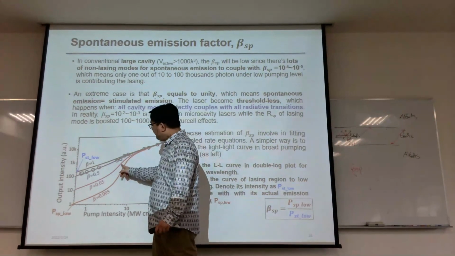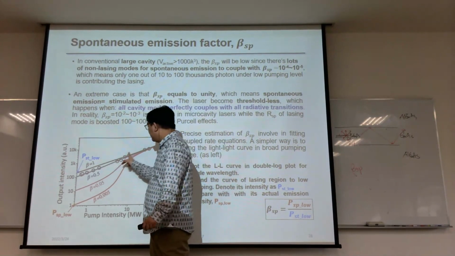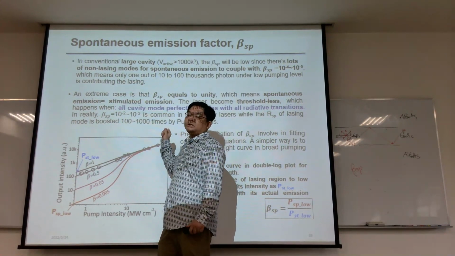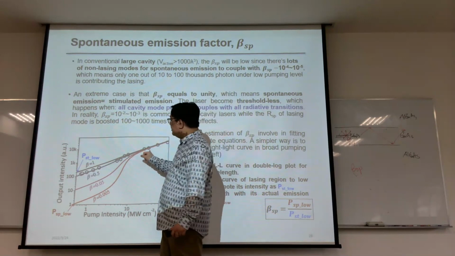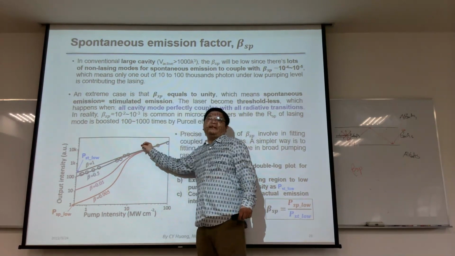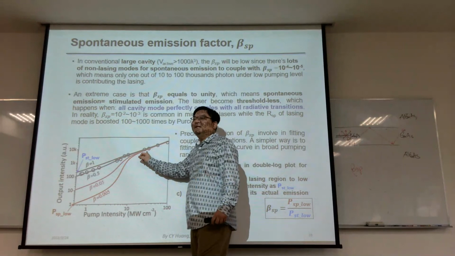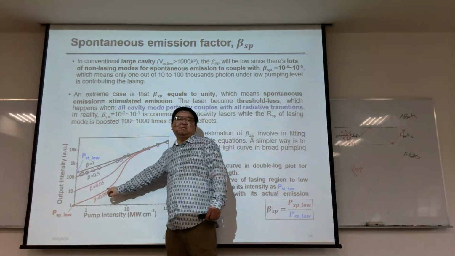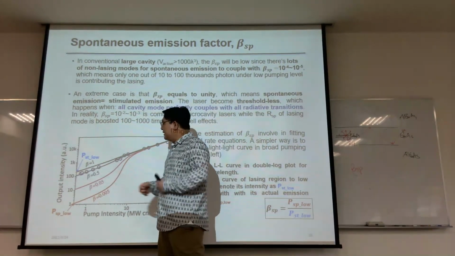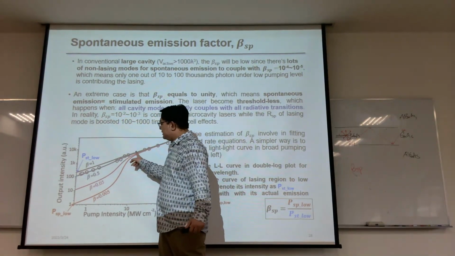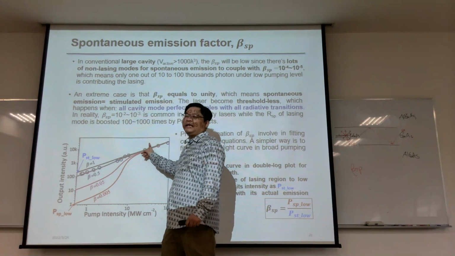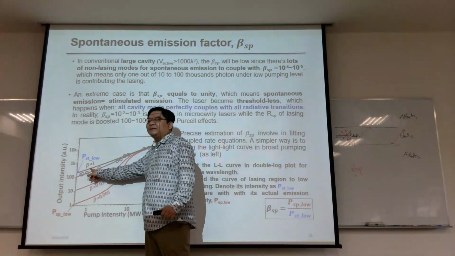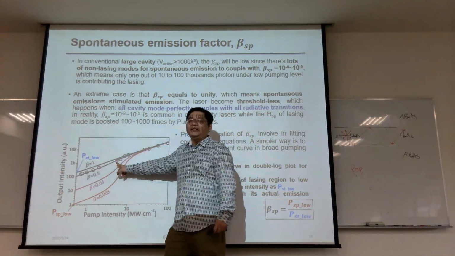So eventually, if it goes to 1, spontaneous emission will be equal to stimulated emission. That's also a topic that people working on microcavity lasers compete on: how large is my spontaneous emission factor? Some people will say, I get an LL curve that I cannot fit without a spontaneous emission factor. But if you say beta equals 1, it is very dangerous.